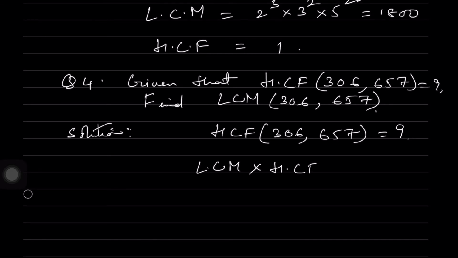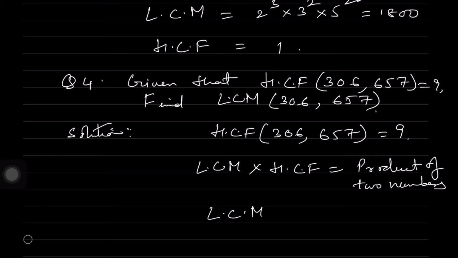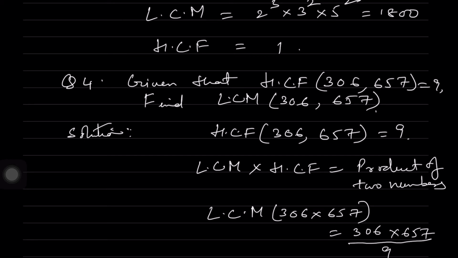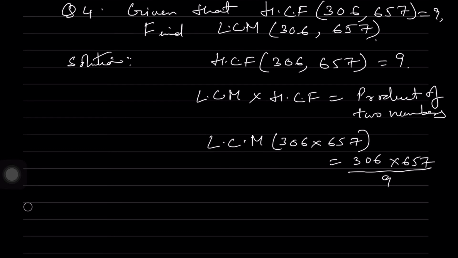So you know that LCM into HCF is the product of two numbers. So here you can write LCM is equal to the product of two numbers by HCF. So 306 into 657 divided by 9 is equal to 22338.